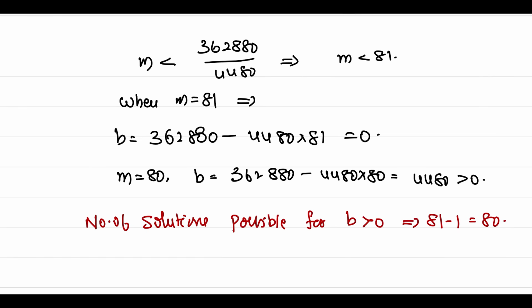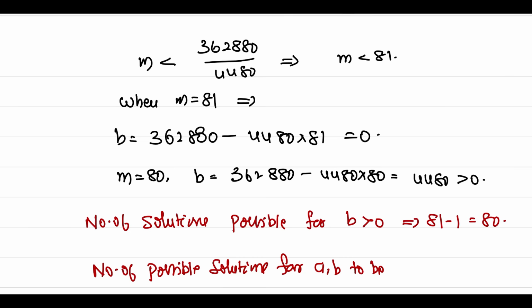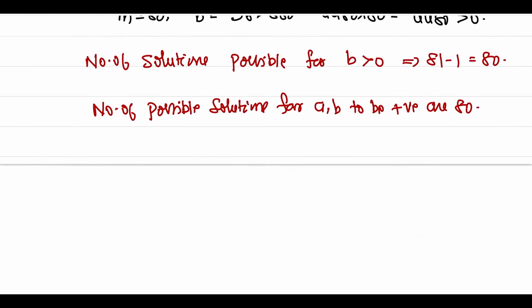When for b number of possible solutions are 80, for a also number of possible solutions are 80. So number of possible solutions for A and B to be positive are 80. They are not infinite, as I told you in the start of the lecture.